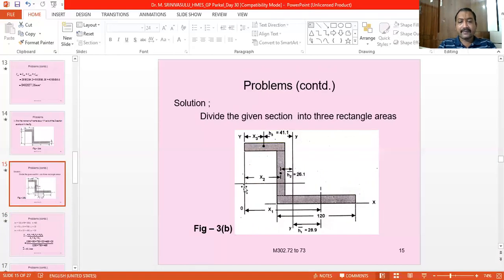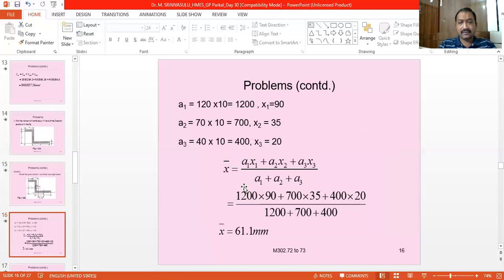Now we have divided the given Z section into three rectangles. The area of rectangle 1, a1, is 120 into 10, that is 1200 square mm.